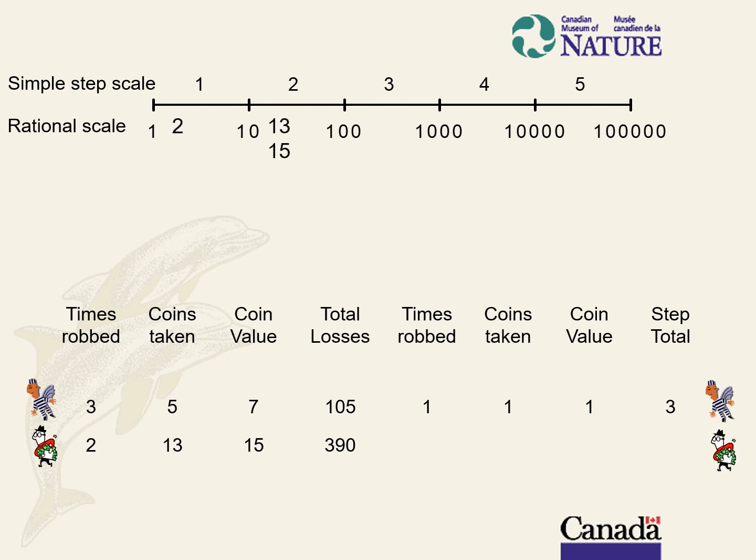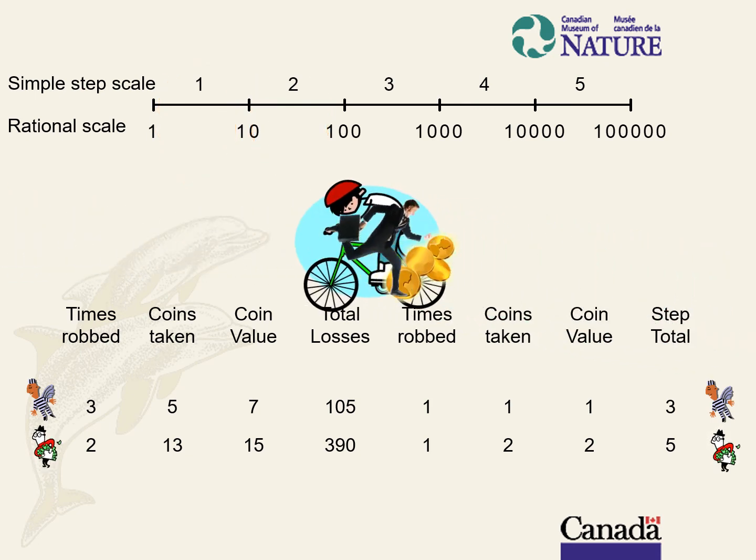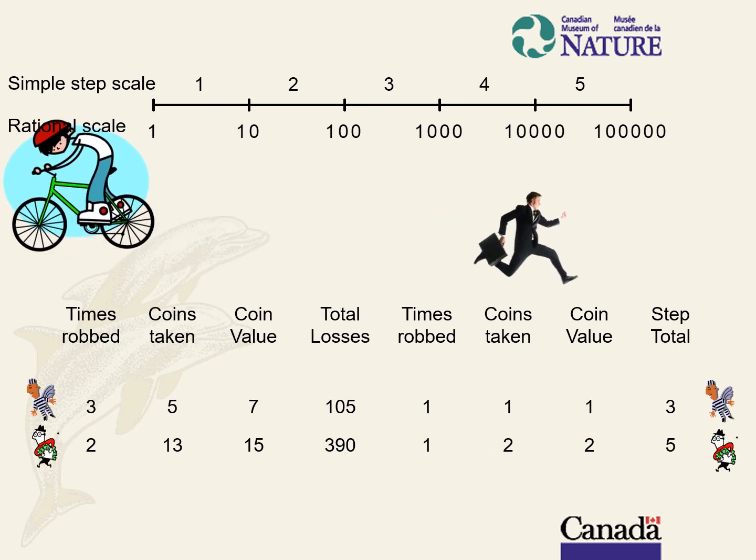Using a simple step scale, the 2 times robbed corresponds to 1. The 13 coins and the 15 coin value correspond to 2. So we have 1 plus 2 plus 2 equals 5. This would rank as a 5 risk.